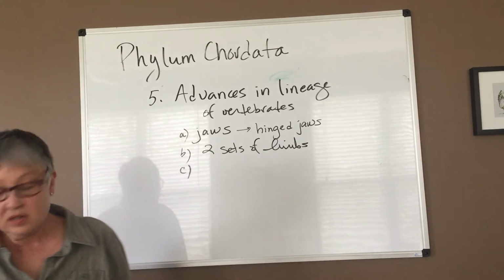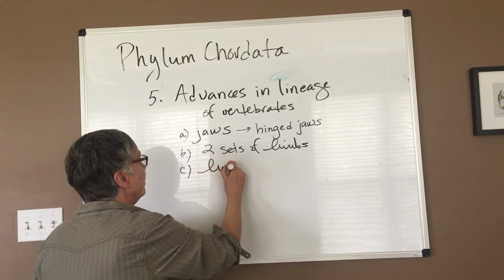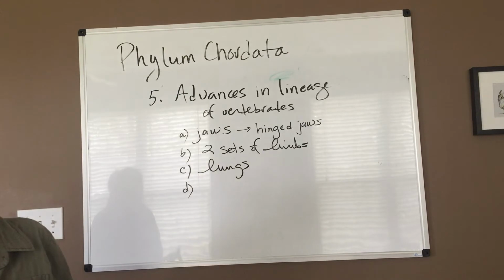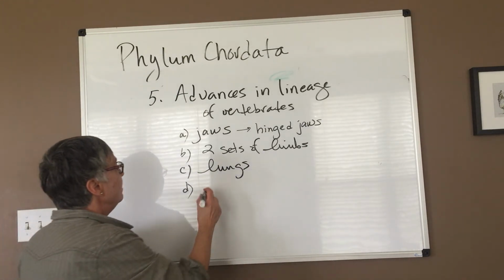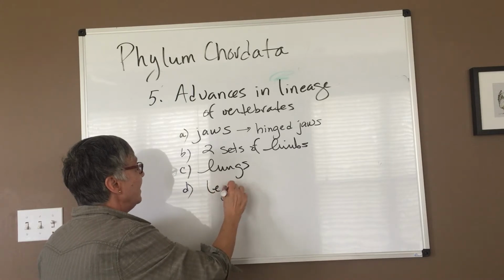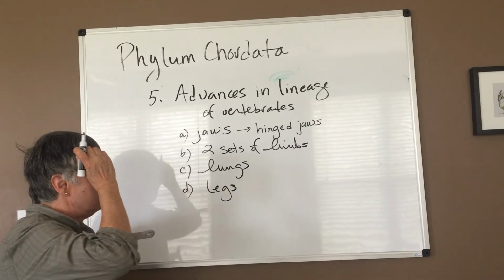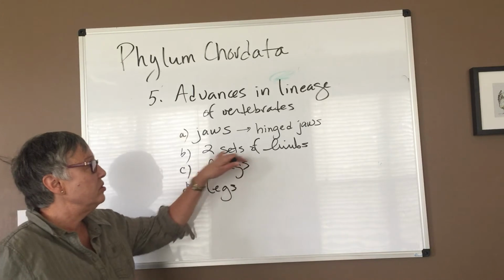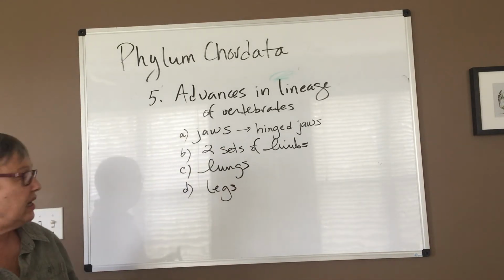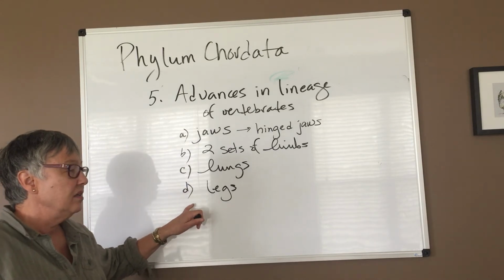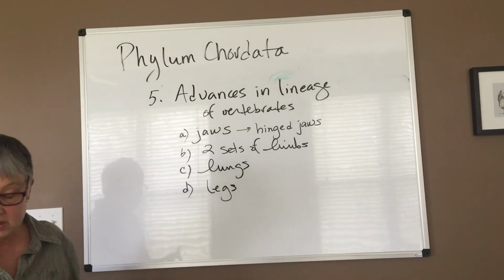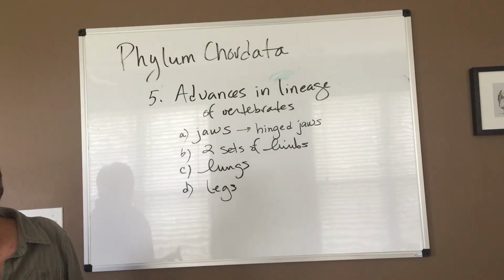A little bit later on, we see the development of lungs. The development of legs, as opposed to 2 sets of limbs that have more or less the same function. We now have a differentiation between the front limbs and the hind limbs.